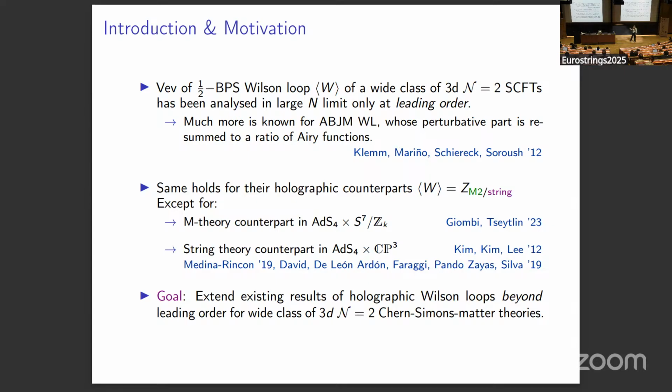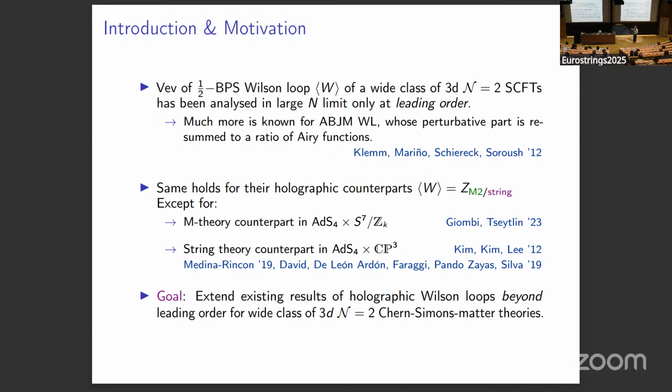But again, much more is known for ABJM theory. It turns out that in this nice paper of 2012, the authors did the matrix model calculations, and they found that the 1/N expansion resums to a ratio of Airy functions. And then on the string and M theory background, there have been some very nice, also recent advances in obtaining the one loop answer.